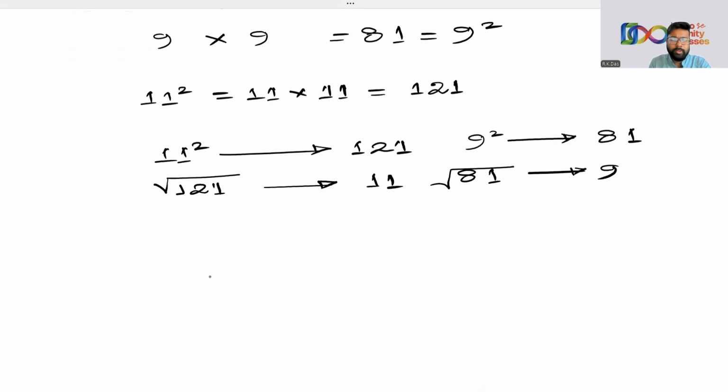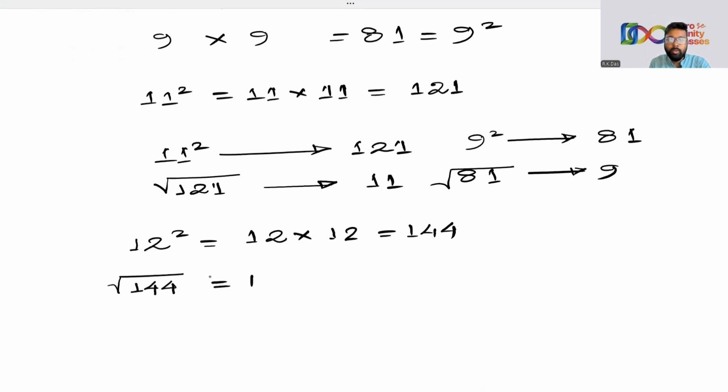Again, in the same way, suppose we have 12 square, which is 12 into 12, which is 144. In the same way, the square root of 144 will be 12.